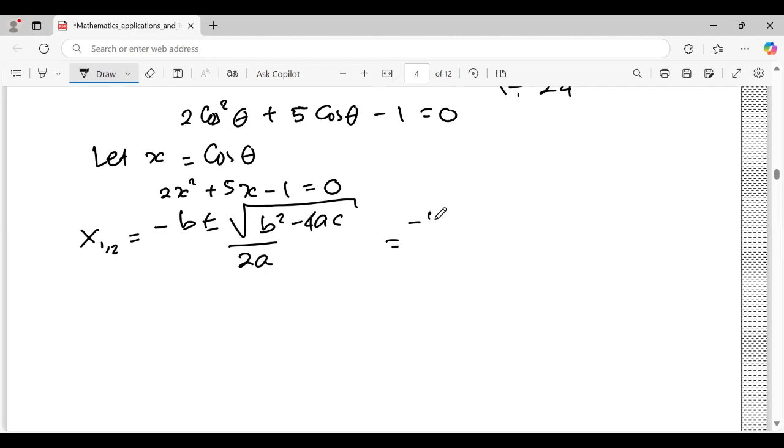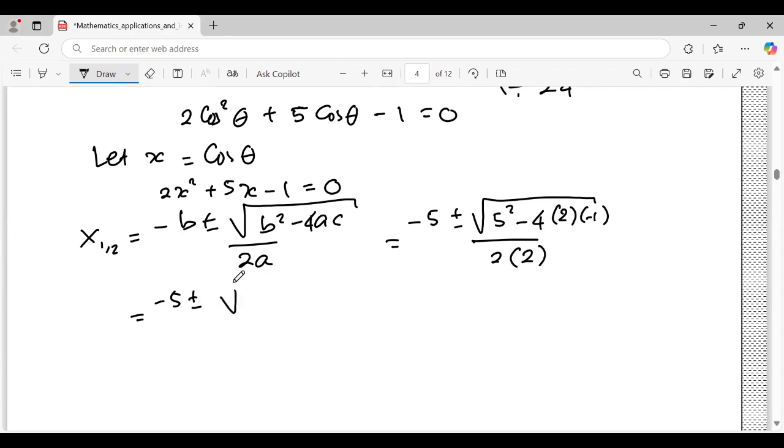Minus b means minus 5 plus minus square root 5 squared minus 4 multiply 2 multiply minus 1, over 2 times 2. Minus 5 plus minus square root 25 plus 8, divided by 4.